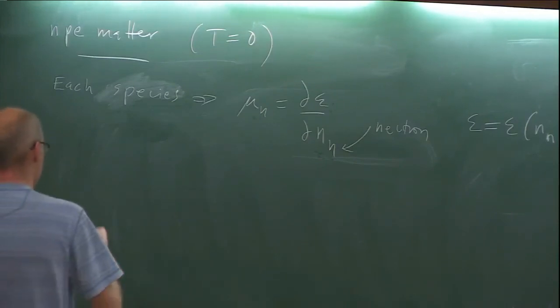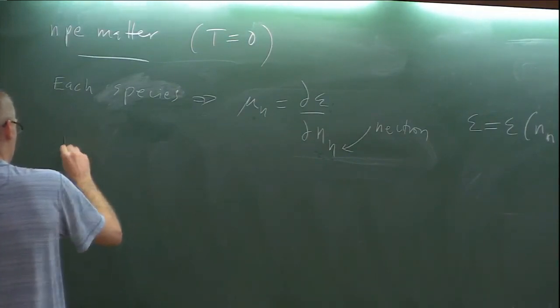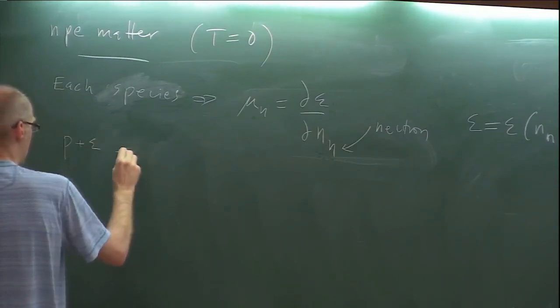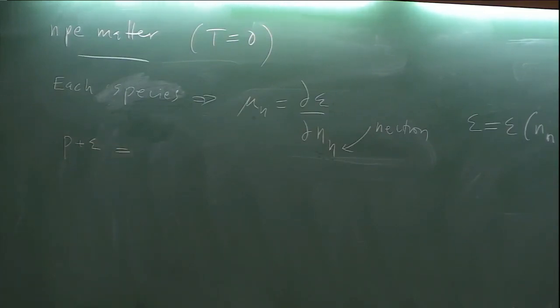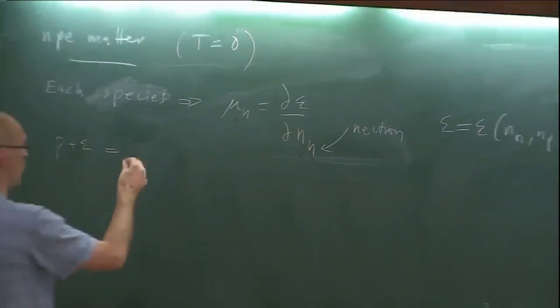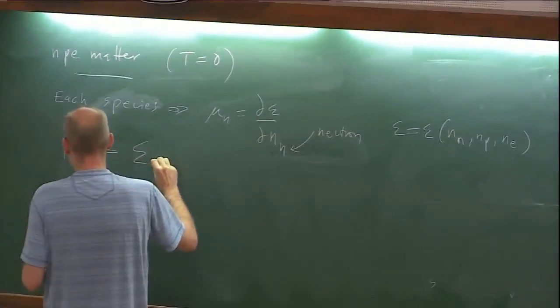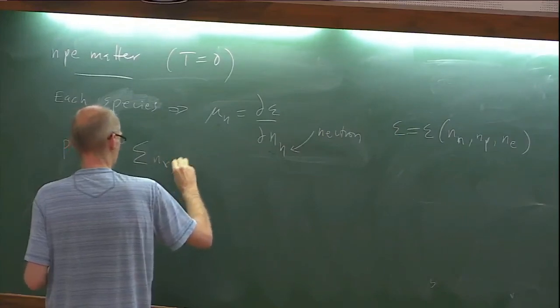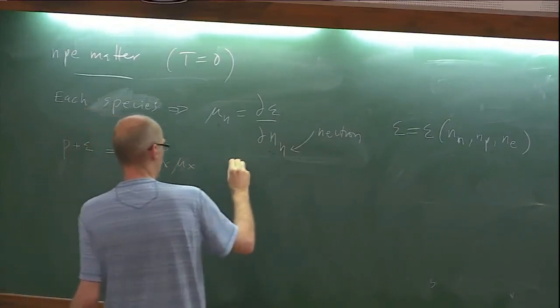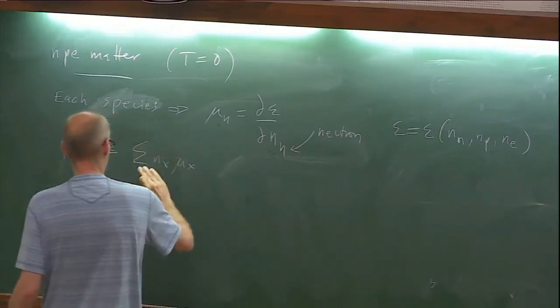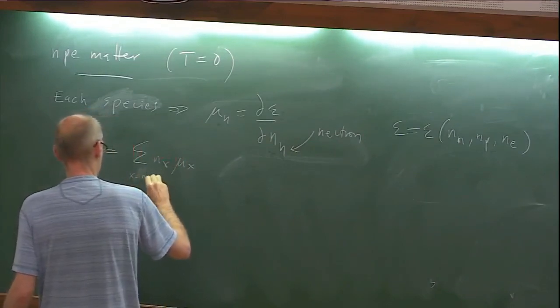Okay? And then the thermodynamics says that this P plus epsilon is simply the sum over these guys. So it's symbolically something like this: nx μx, sum over the x's, and x is n, p, and e.